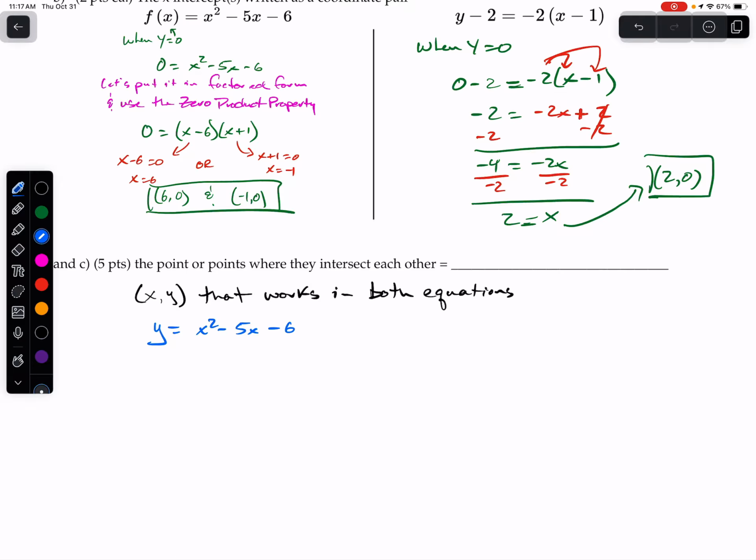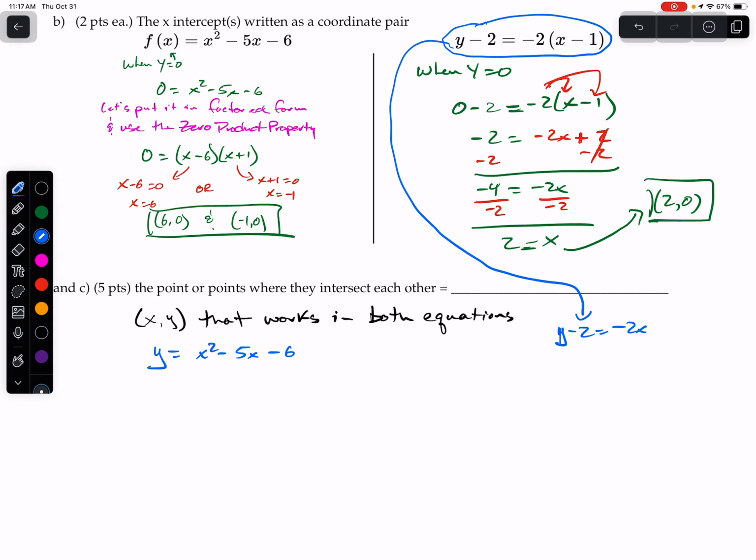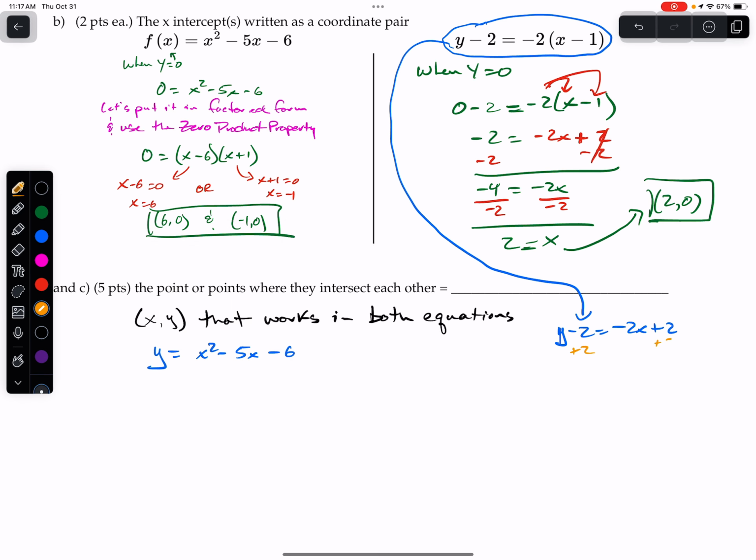But this thing, I think I would like to rewrite as, well, let's do it here. y minus 2 equals minus 2x plus 2. And then add 2 to both sides, and I'll get y equals minus 2x plus 4.